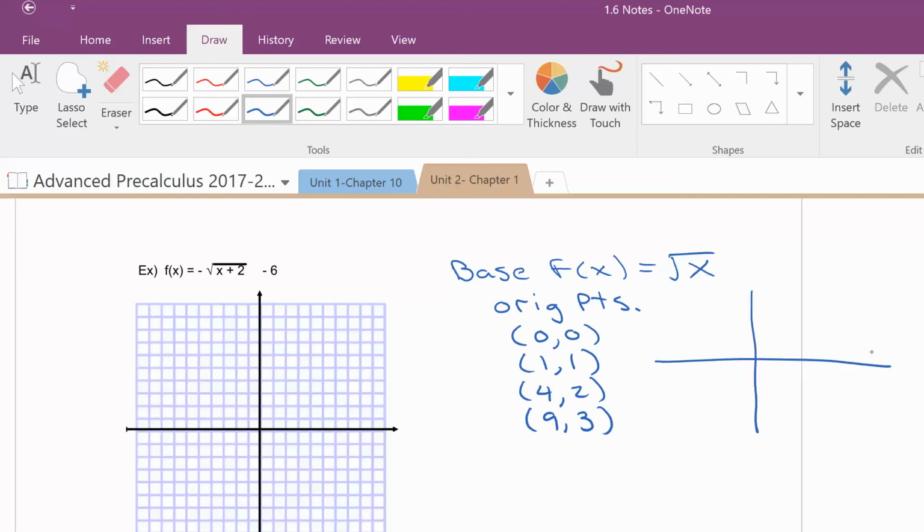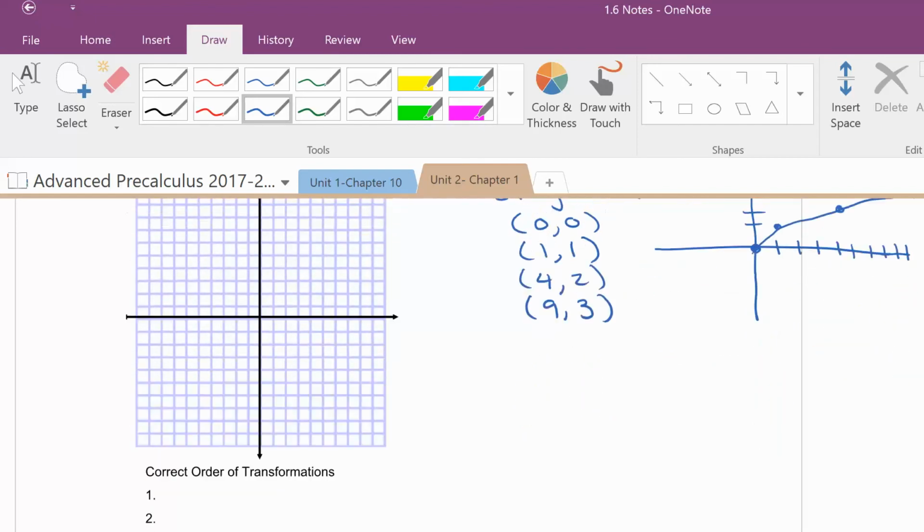The graph looks like this: 1, 1, 4, 2, 9, 3. That's the original graph.